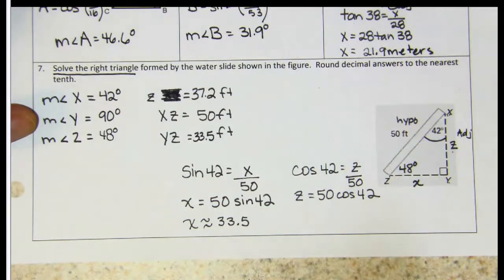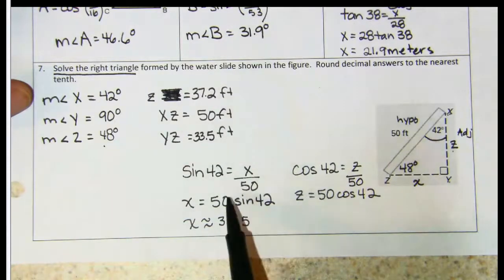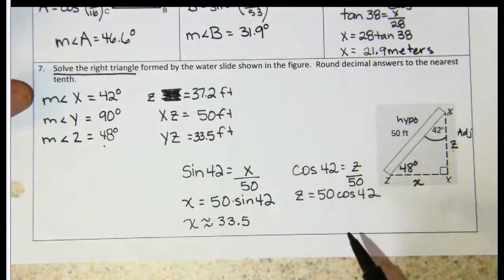Now, notice in this problem, we did not use an inverse trigonometric ratio because we had all three angles. I did use sine and cosine just because I used 42, but I have the option of using 48.